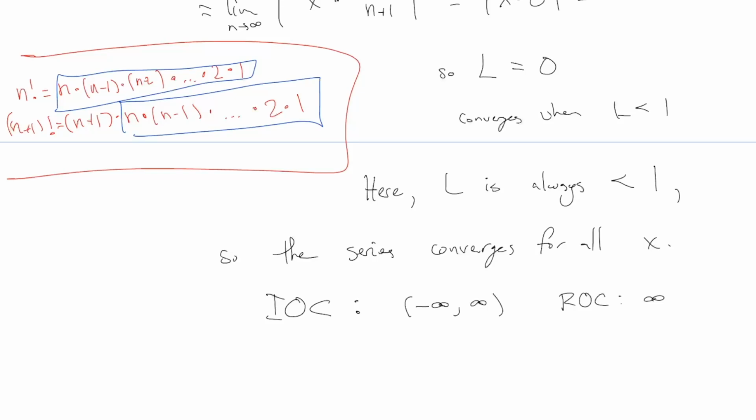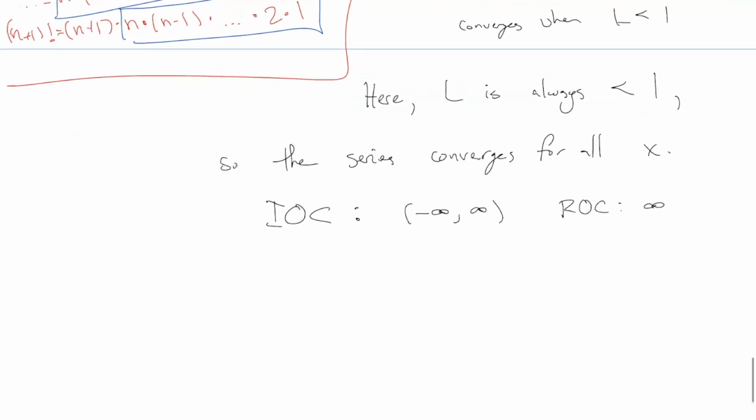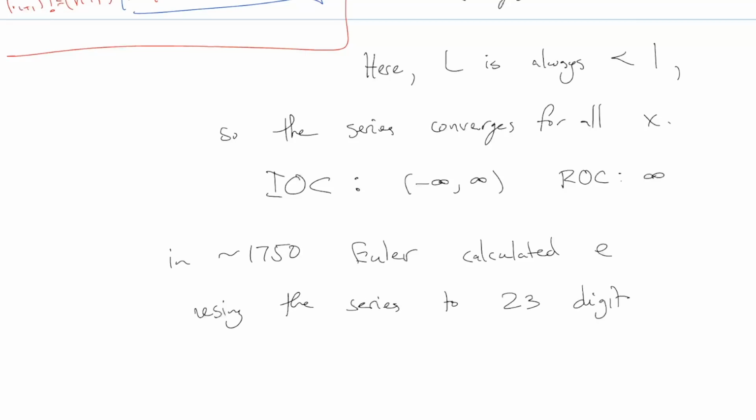Great. This is all kind of a long-winded example for e to the x, which is everybody's favorite example of a Taylor series. I looked up some history of this. Around 1750, our buddy Euler, one of the greats of all, one of the goats, as the kids say these days, calculated the number e using the series to 23 digits.